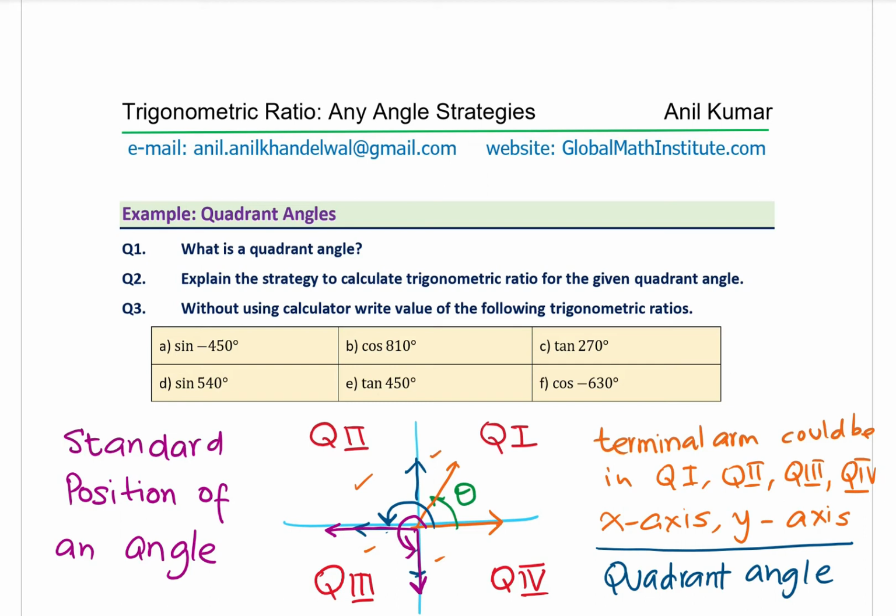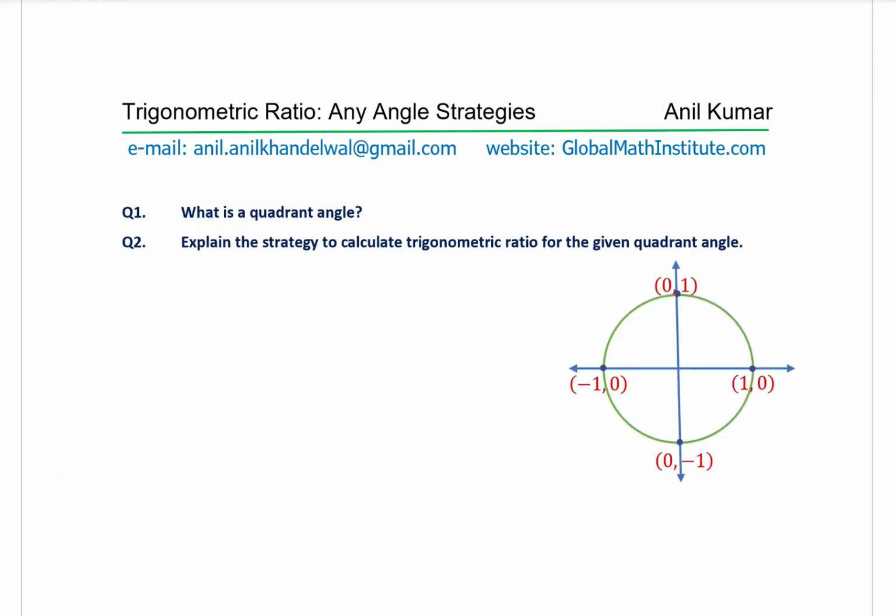Perfect. So now let us see how do we evaluate trigonometric ratios when we are given an angle which corresponds to quadrant angle. So we have answered the very first question, which is what is a quadrant angle? And now let's look into question number 2, which is explain the strategy to calculate trigonometric ratio for the given quadrant angle, right?